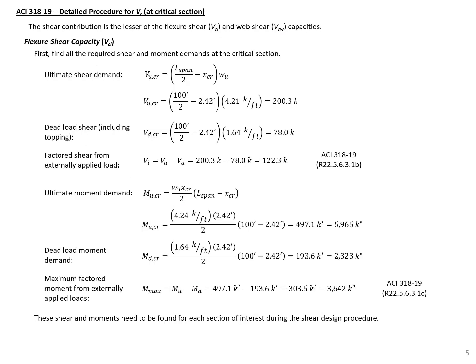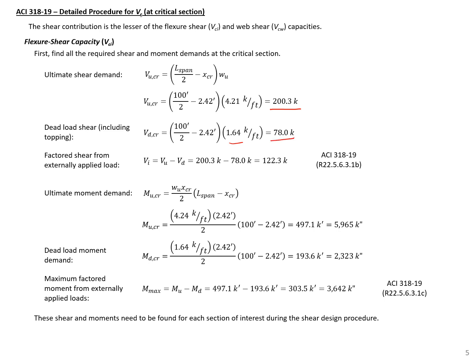We're now ready to move on to calculate the concrete shear contribution using the detailed procedure from ACI 318-19. The first thing that we'll need to do here is calculate our ultimate shear demand, which we did already, 200.3. Our shear demand from the unfactored dead load is 78.0.